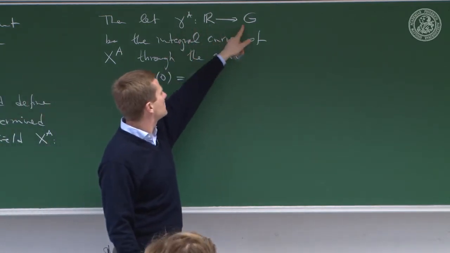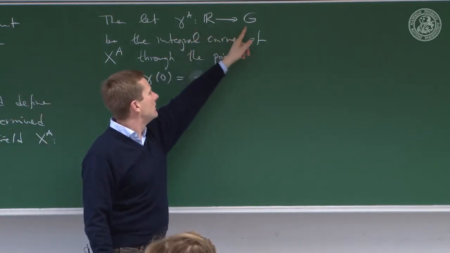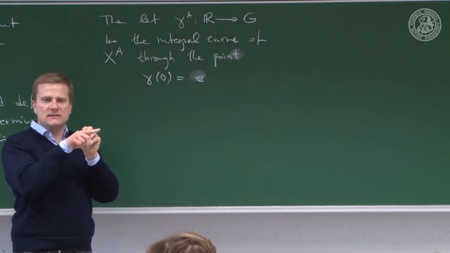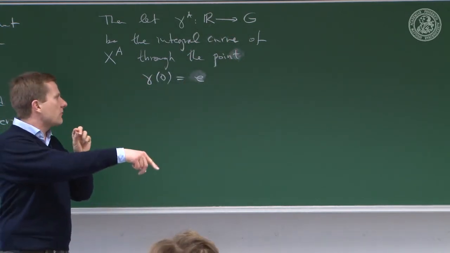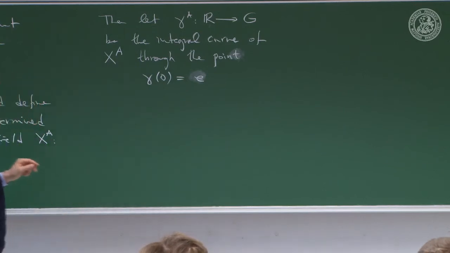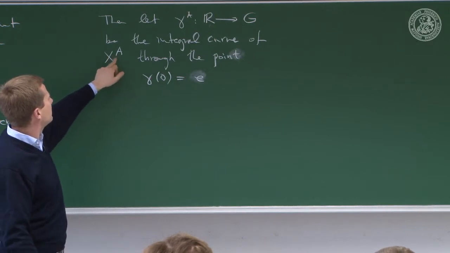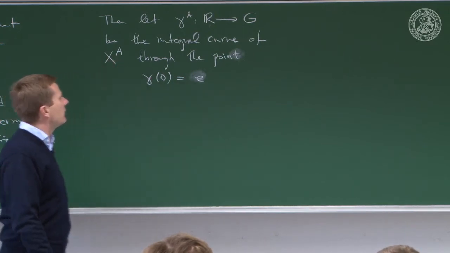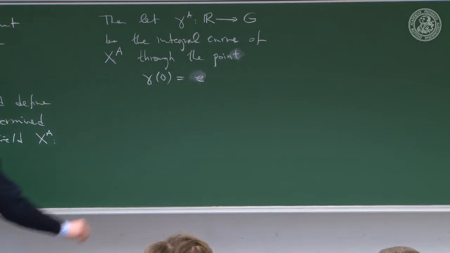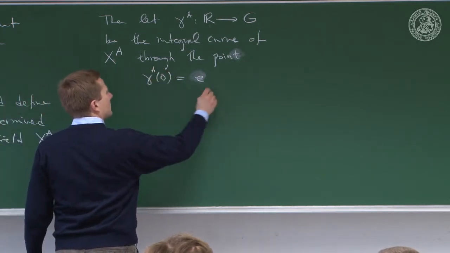Okay, it lands in the group, so I can say at parameter value 0, I want to be at the identity. And how do I go on from there? Well, it depends in which direction my A points, and then I just follow an integral curve of this left invariant vector field through that point. So I should write an A here.